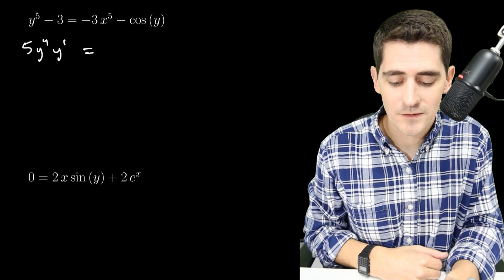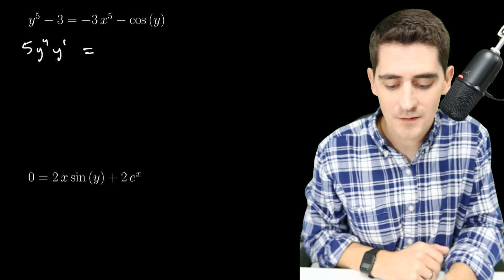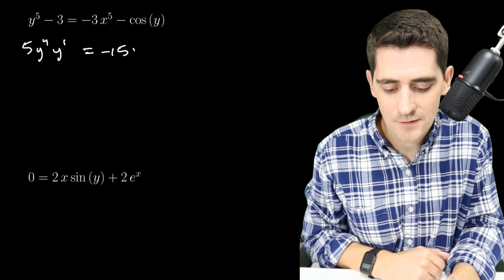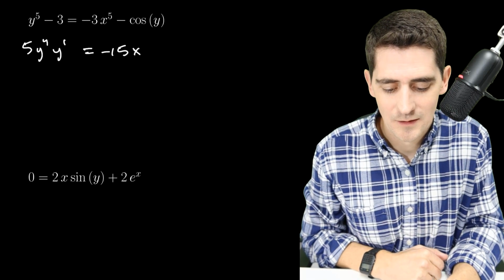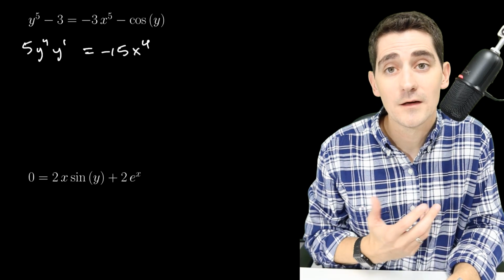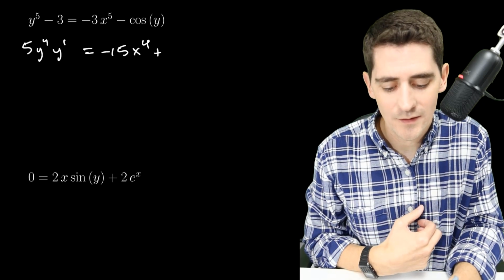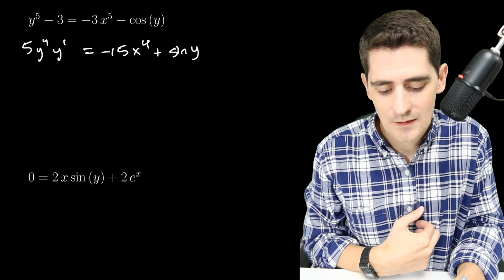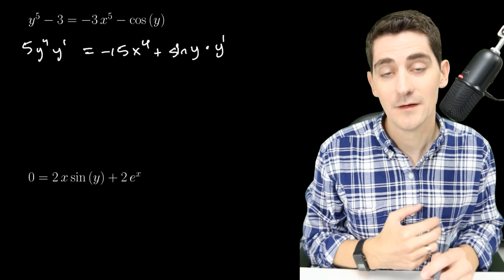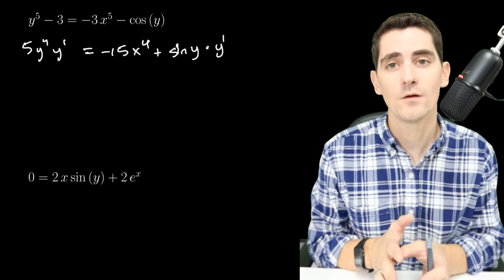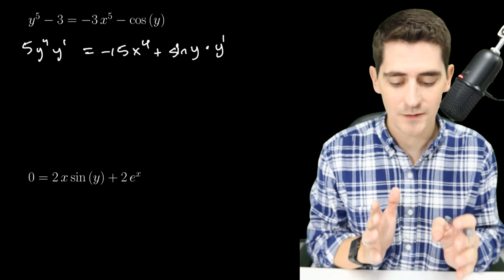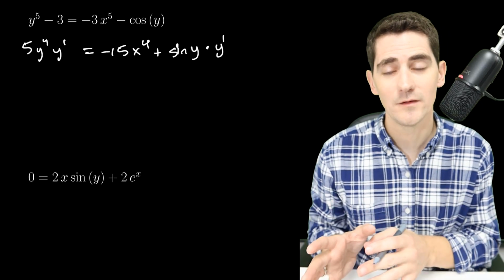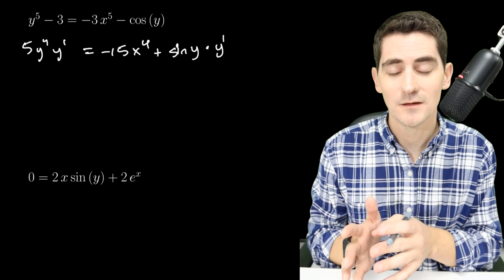On the other side of the equation, the derivative of negative 3x to the 5th is just good old-fashioned power rule. So that's going to be negative 15x to the 4th. And then cosine y, its derivative is going to be positive sine y times y prime. Now, from this point, you've got to solve y prime equals. And the way to do that is get anything that has a y prime on one side of the equation and any term that doesn't on the other.